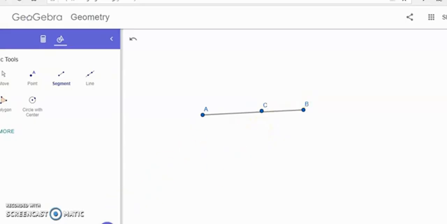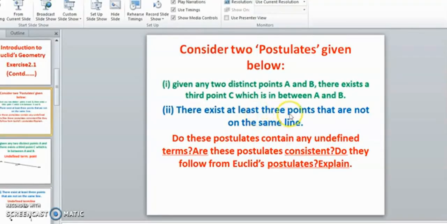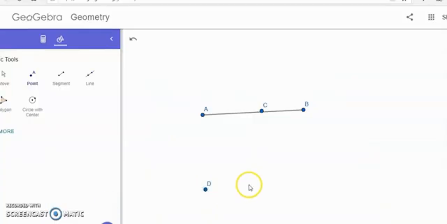In the second postulate, they take 3 points that are not on the same line. Here there are 3 points which are not on the same line. D, E, F are the 3 points which are not collinear. So observe these two postulates. Here are different points which are collinear and these 3 points are not collinear. So they are talking about two different situations.